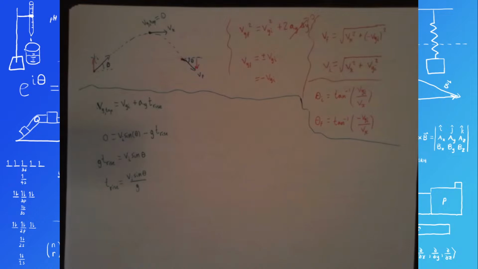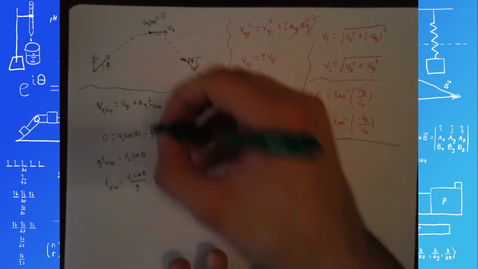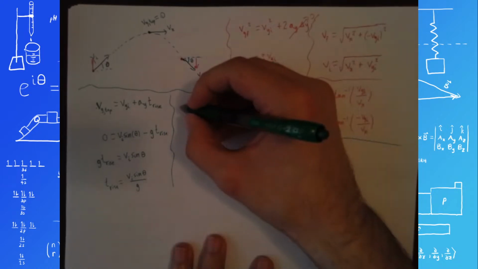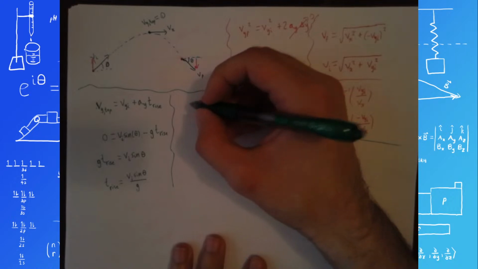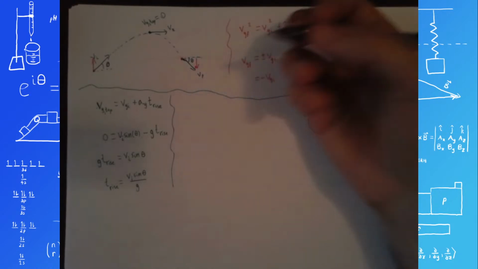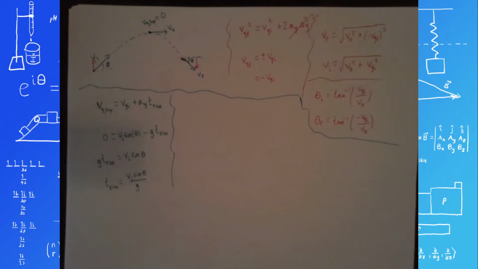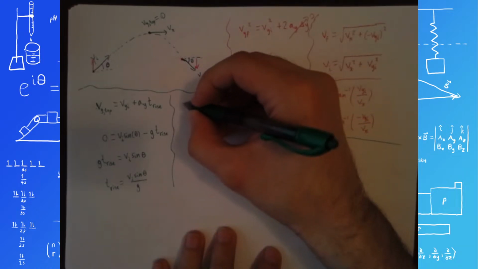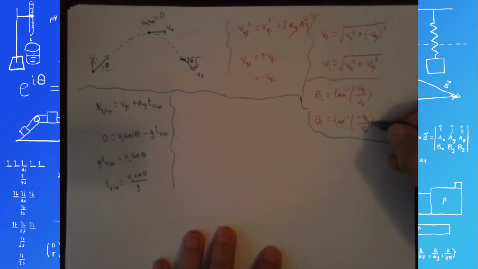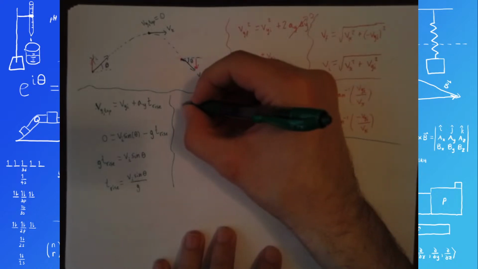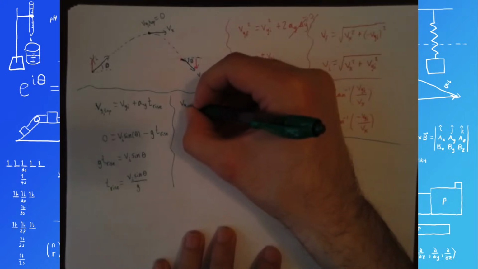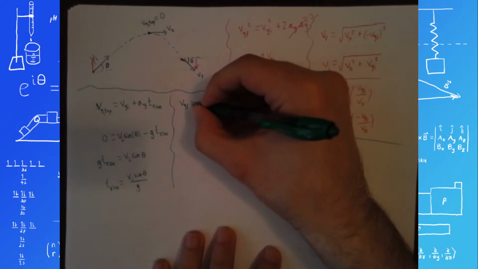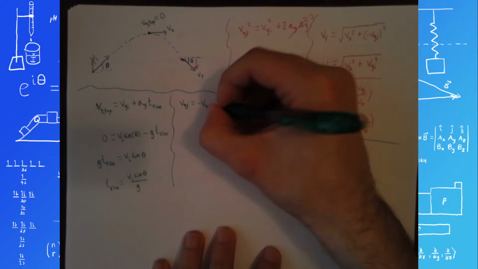Then we could do something similar to calculate the time to fall back down. I guess we can use the second equation here in the vertical. Actually, wait. Oh, yeah, we can, because my V final is going to be negative Vy initial in this case.